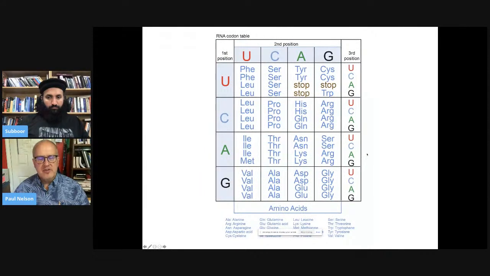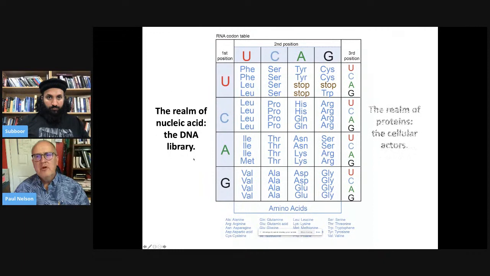And here it is. This is the RNA expression of the code. This is an RNA codon table. So we're going from the DNA library to the realm of proteins, the main cellular actors, via this translation table.